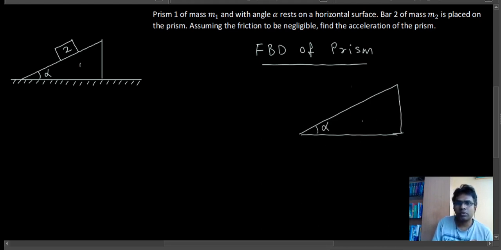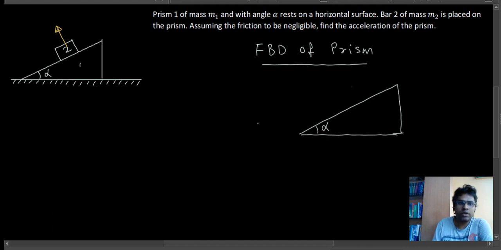Now, the way the bar and the prism are interacting with one another, the prism is supporting the bar by applying a force perpendicular to the inclined surface. This force applied by the prism on the bar is at right angles to the inclined surface.